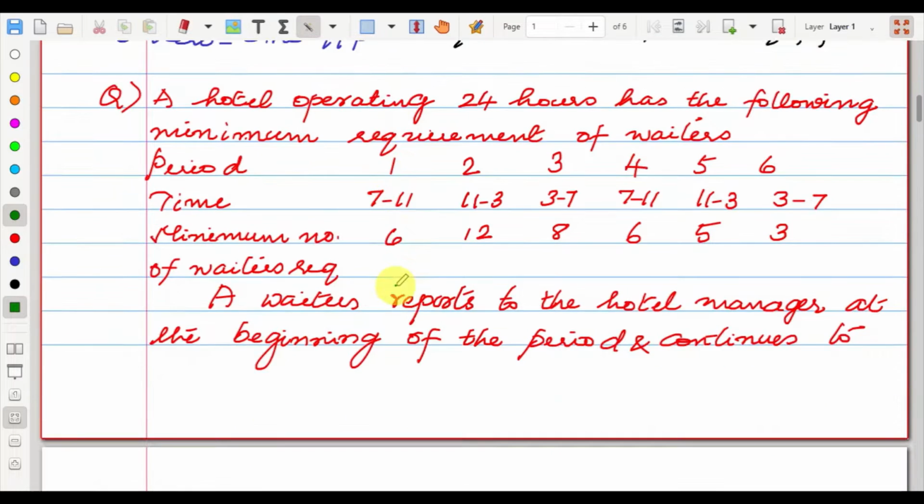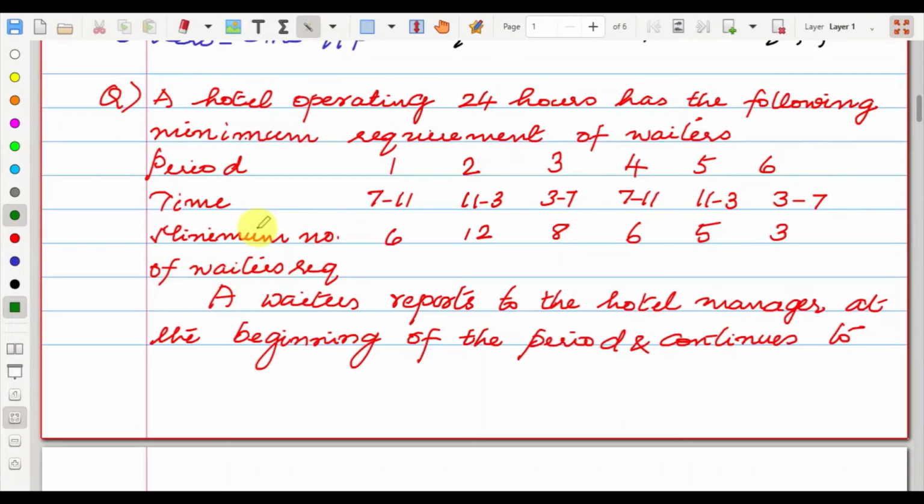So first question. A hotel operating 24 hours has the following minimum requirements of waiters. Period 1, 2, 3, 4, 5, 6. Time 7 to 11, 11 to 3, 3 to 7, 7 to 11, 11 to 3, 3 to 7.